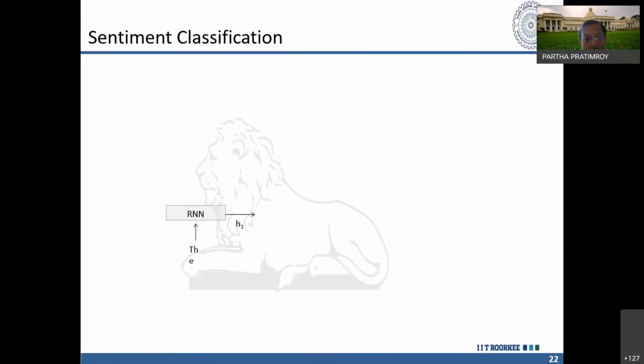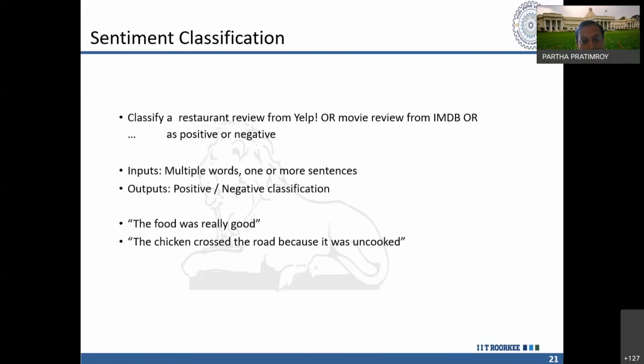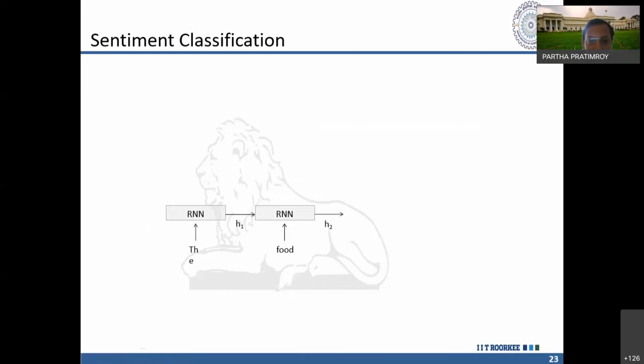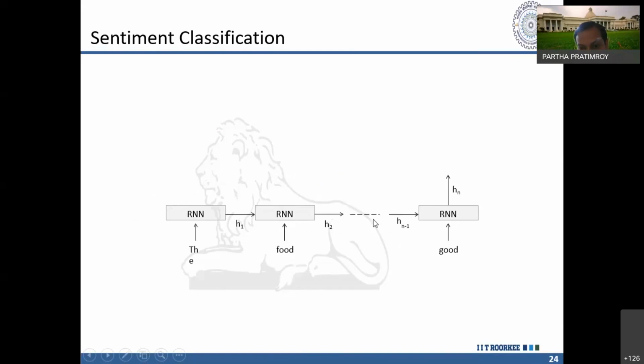So what will we do for "the food was really good"? Like a neural network, we give it the first word, "the", and this will generate some output, "food", let's consider. Then we give food into this multi-layer perceptron, and we get "was", which is considered next, and then we get another multi-layer perceptron and some results.